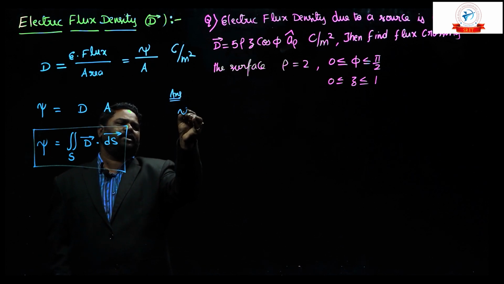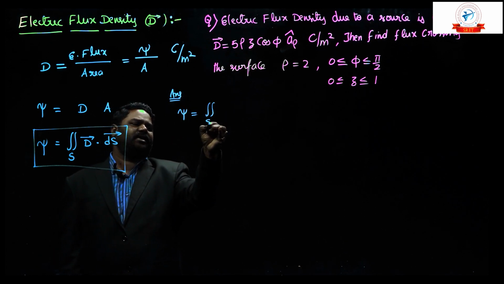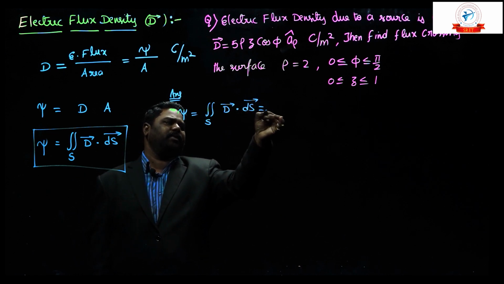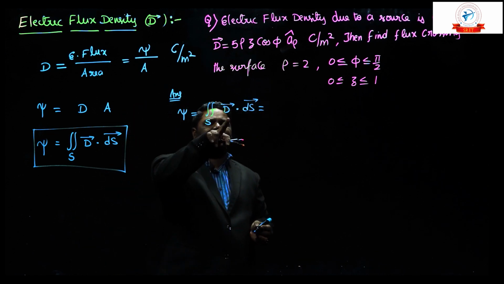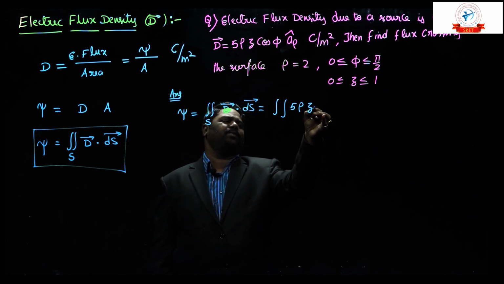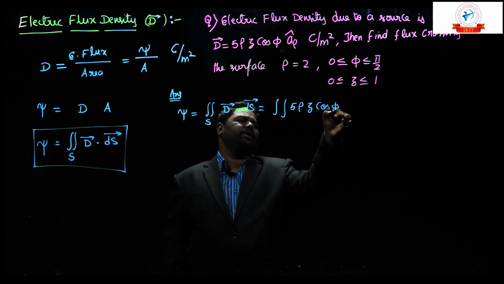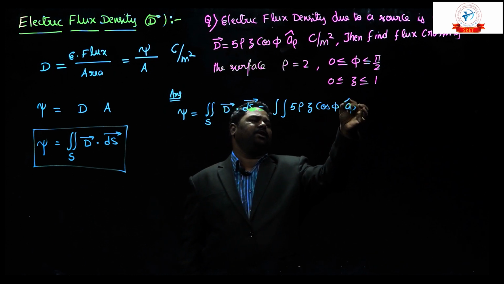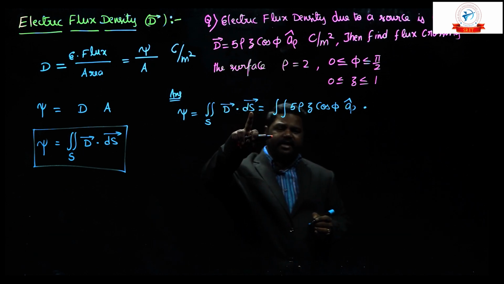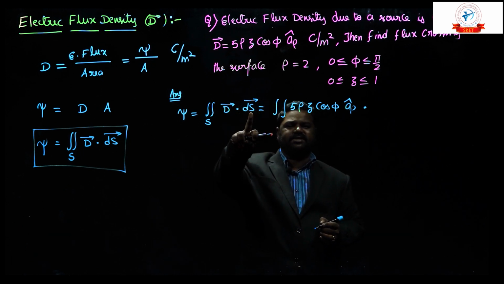We know that psi is equal to the surface integral of D bar dot dS bar, that is the formula. Here the electric flux density D bar is given to us, so it is the surface integral of 5 rho z into cos phi into a rho cap dot dS bar. Actually dS bar is the differential surface element.